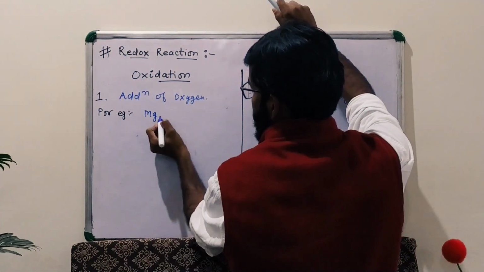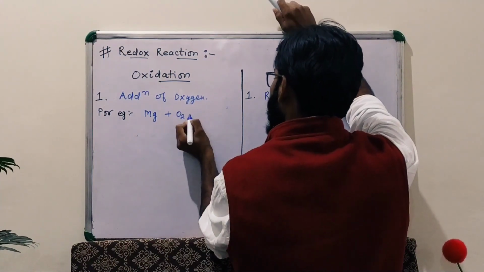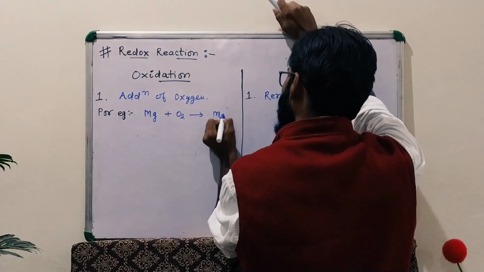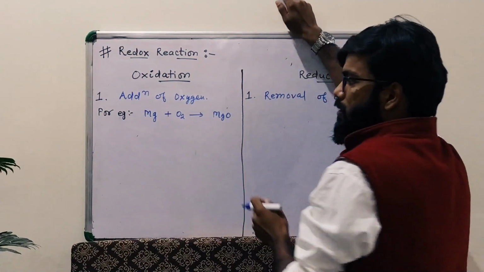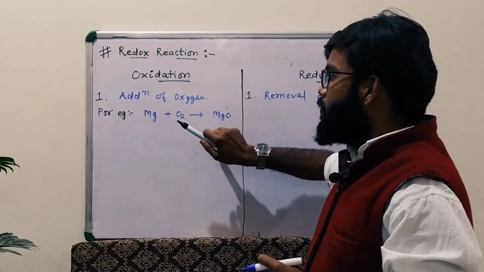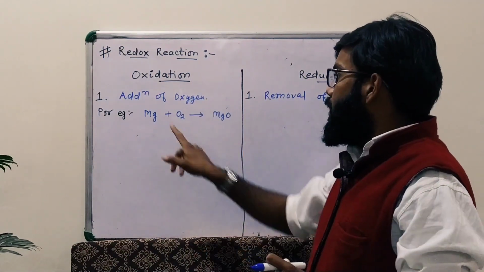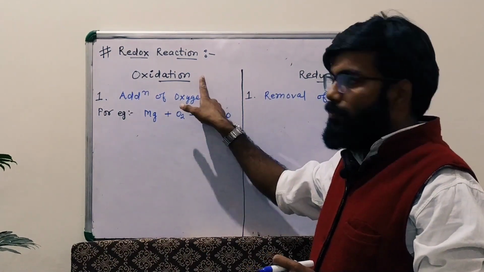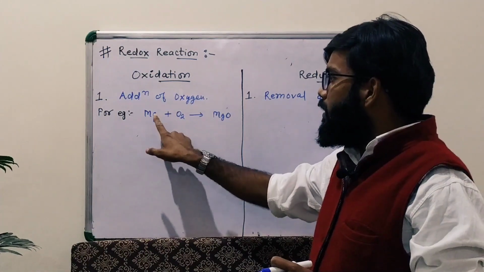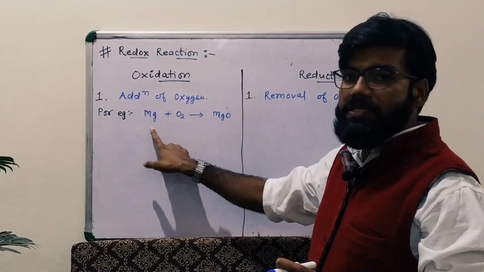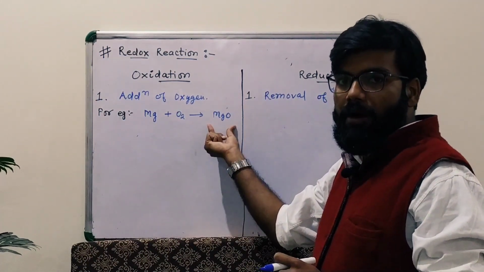Suppose magnesium burns in presence of oxygen to give magnesium oxide. So this is a chemical process of type oxidation. Why? Because here in magnesium, addition of oxygen takes place to form magnesium oxide.